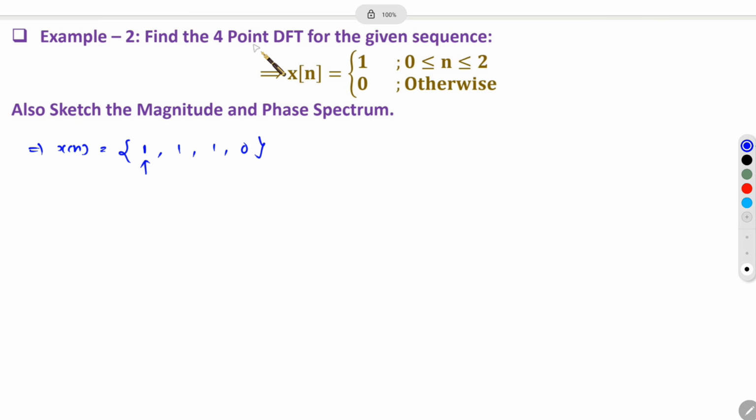Right. Here we are dealing with the 4-point DFT, which means capital N equals 4. And we need to sketch the magnitude and phase spectrum as well.